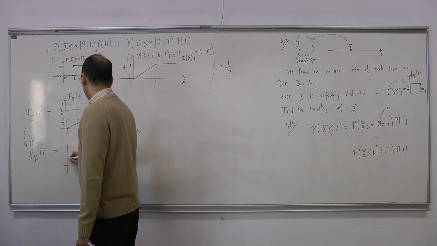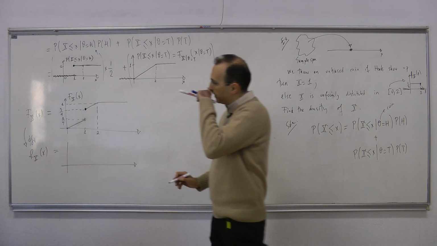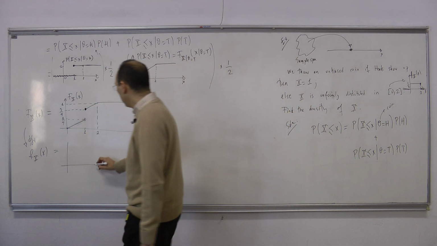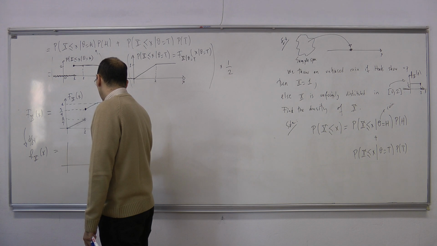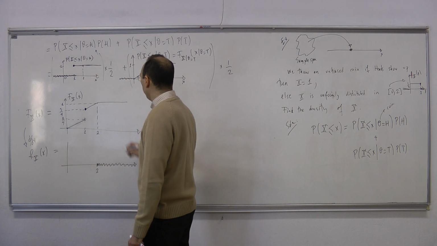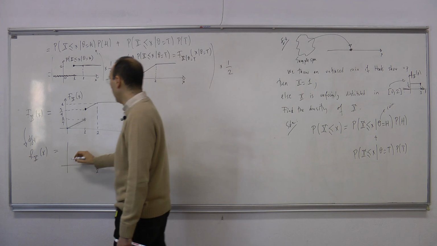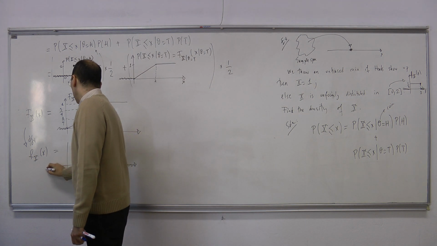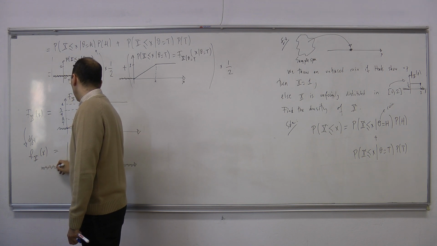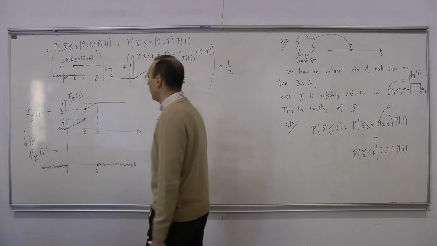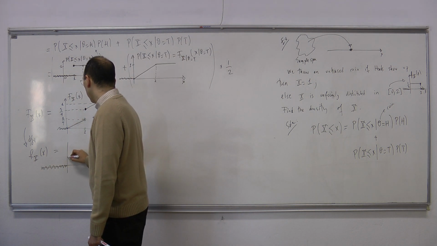So what do I get? Wow. So, easy part. After 2, the derivative is equal to 0 because it's a constant function. There is 0 slope. Over here, this function again is not changing at all, it's 0. So I'll write the result.